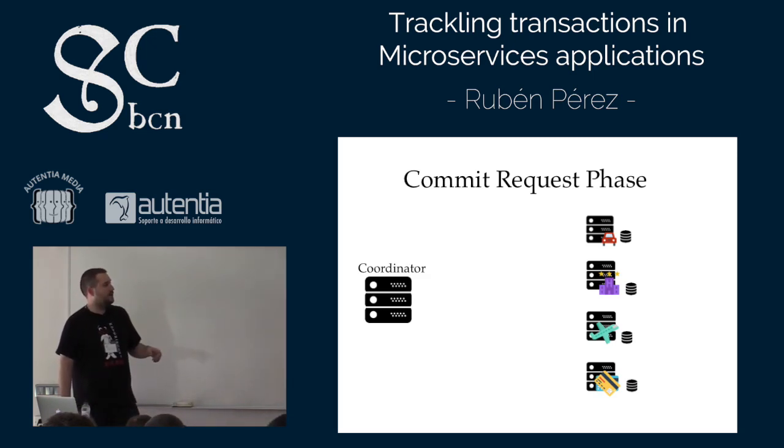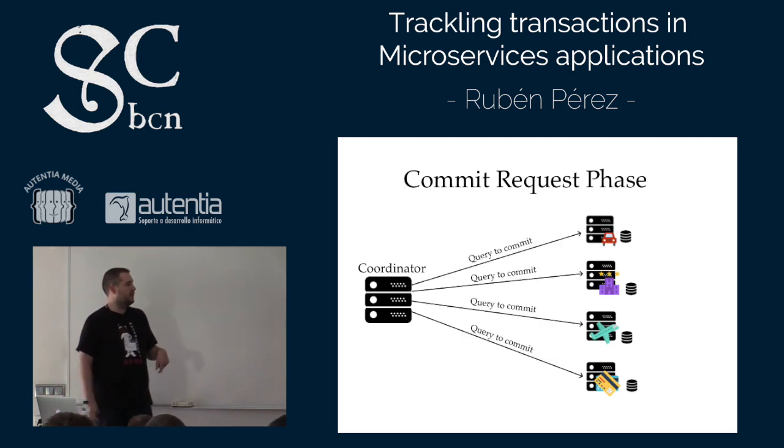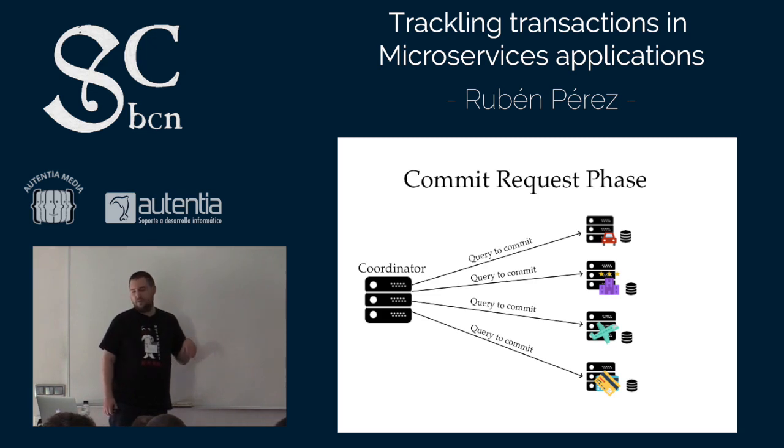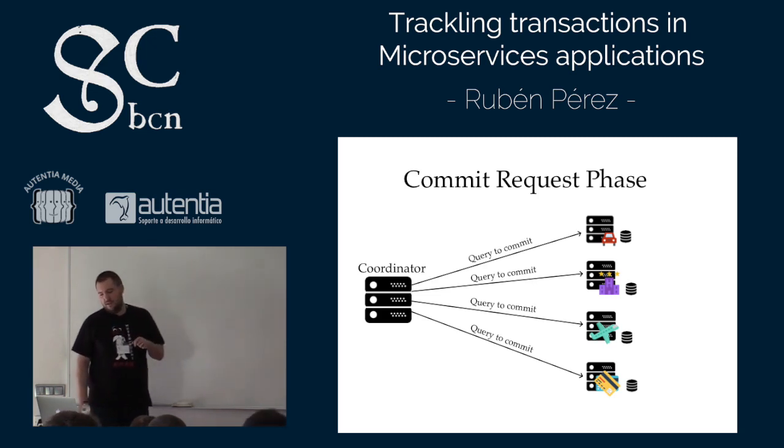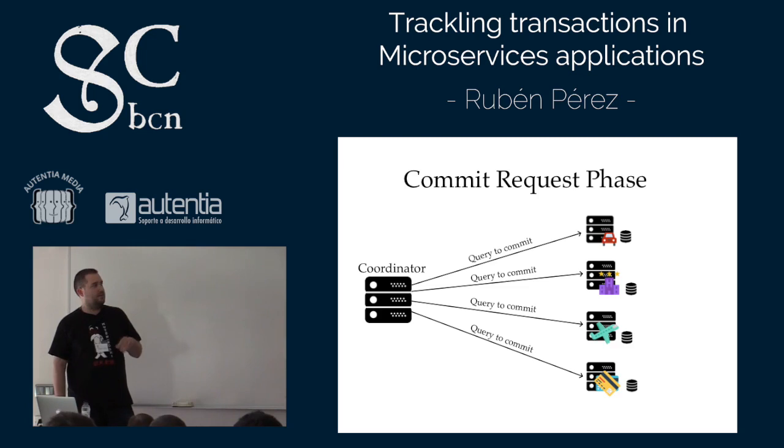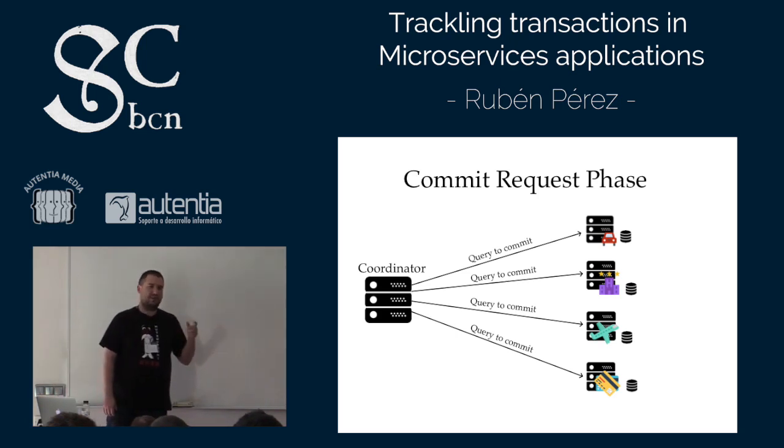The first phase is a commit request phase, in which the coordinator sends a query to commit request to every one of the participants. And the participants have to vote on whether they will fulfill the request or not. So each service has to either vote yes or no, depending on whether they can fulfill the request or not.